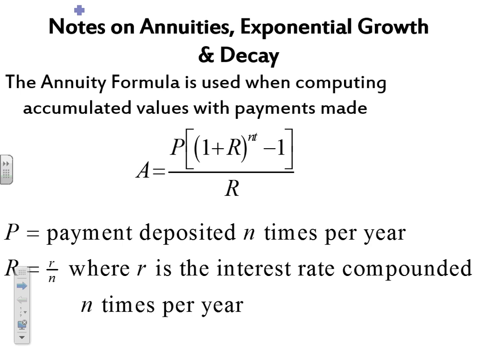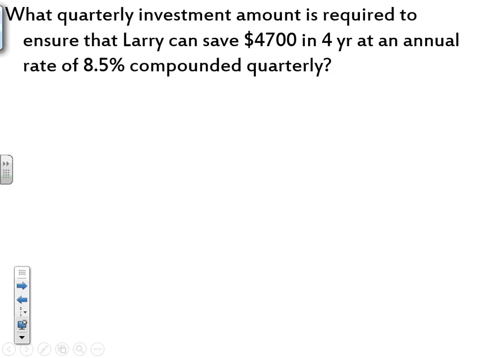And one thing that we have kind of different in this function from our compounding interest functions that we've seen in other lessons is the capital R, where the capital R is just kind of replacing the ratio of the interest rate divided by the number of times something is compounded, whether that's daily, monthly, quarterly, whatever the case is. So let's go ahead and see how we use this particular function.